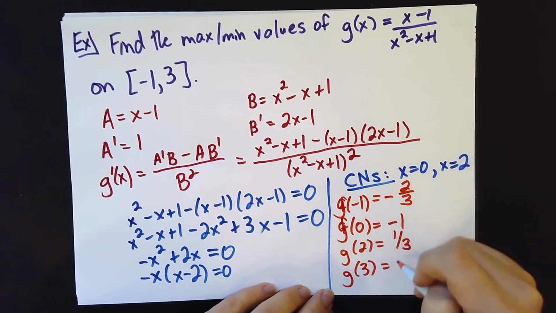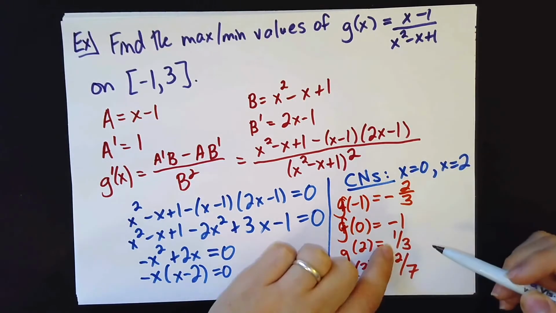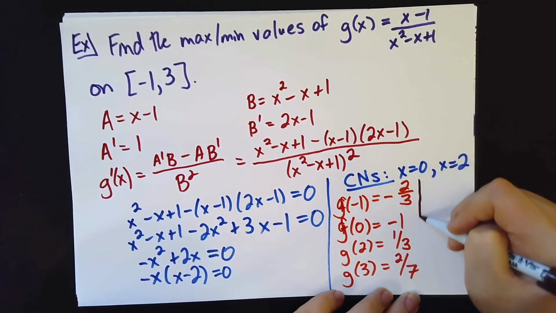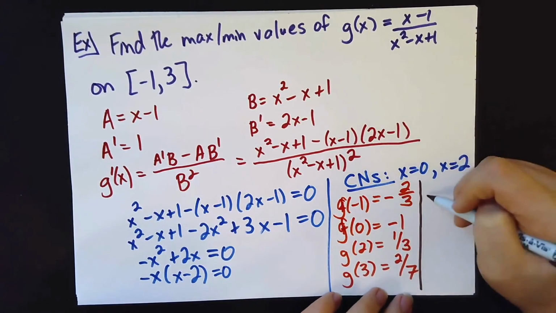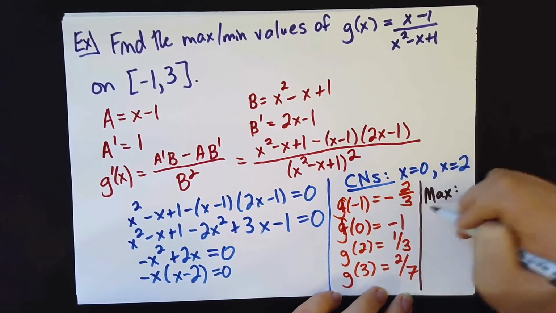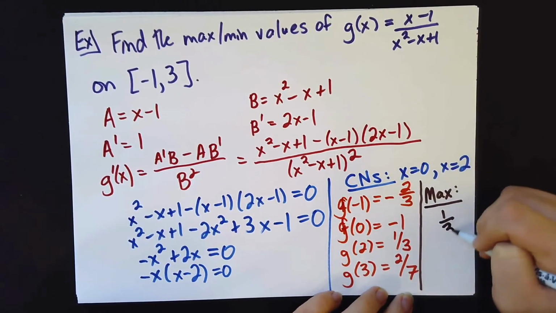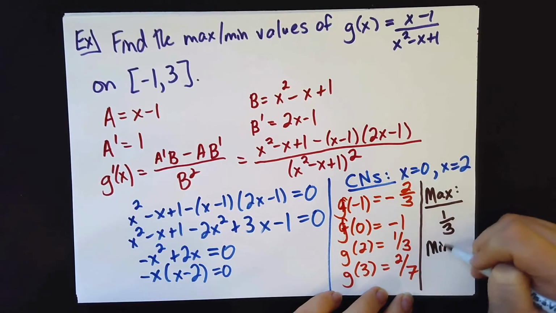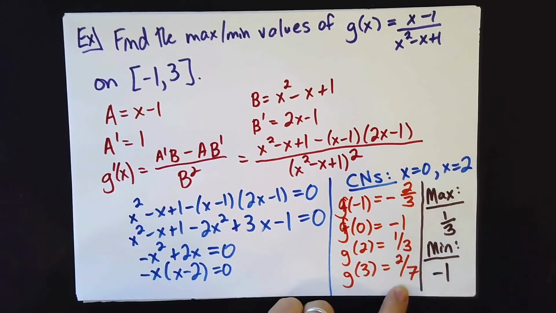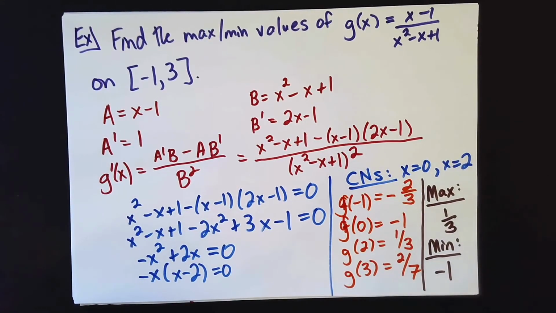And g of 3 is 2/7. So now we just have to write down the max value and the min value. So the largest number out of this list is 1/3. And the minimum value out of this list is minus 1. So there's my max, and there's my min.